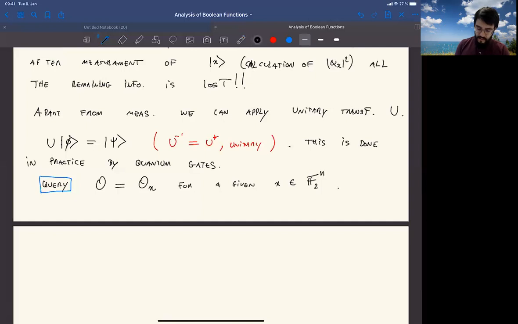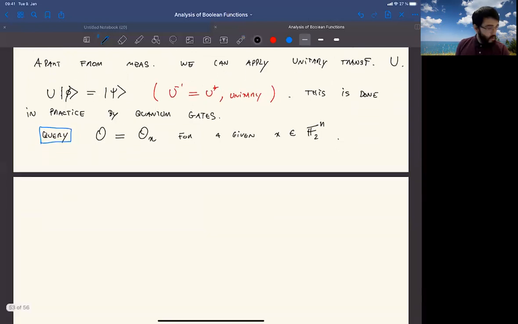So first I have to define this O of x, which they call queries. So what's O of x? I will give you some x in F2 to the n, and n here is less than or equal to capital N, okay? Some number in between. And O will be a linear transformation that takes a state y into some other state. So you have to write that state as y1, y2, and I'll explain what that means.